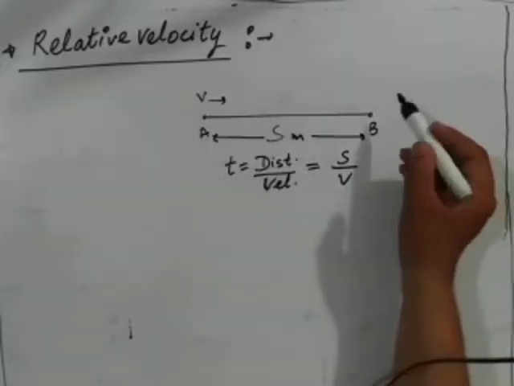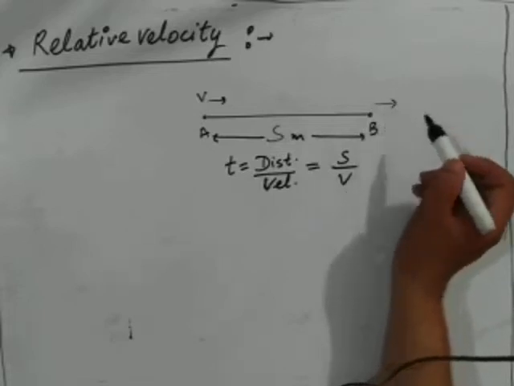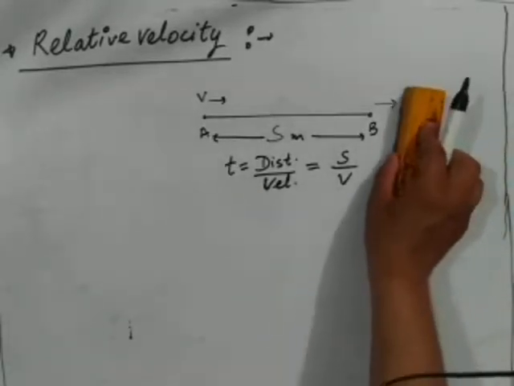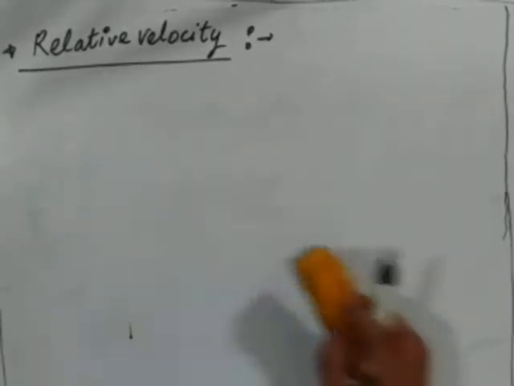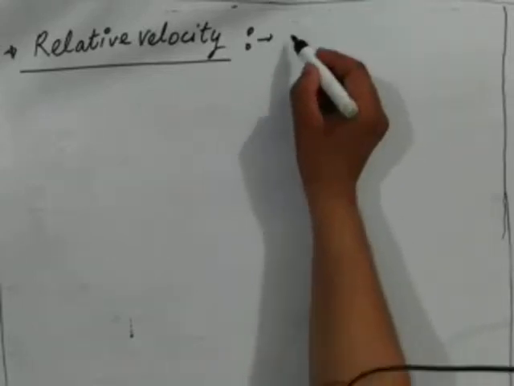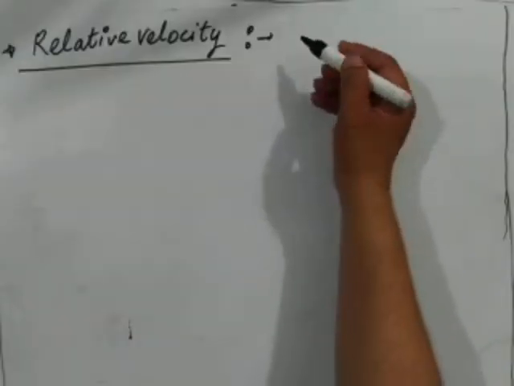But when both the objects are moving, then we use the concept of relative velocity. So what is relative velocity?